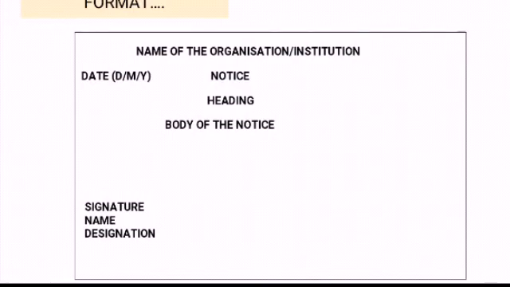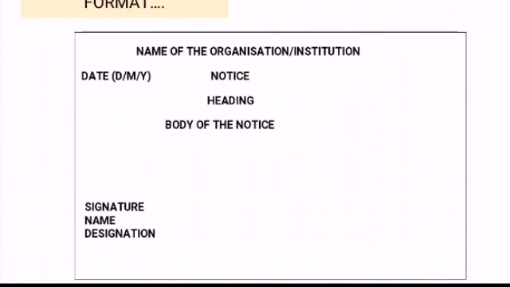Say, for example, if you are writing the notice as a student, you have to write the name of your school. Now, in the next line, after leaving a line, you find on the left hand side the date. Here you have to write in the format date, month and year.